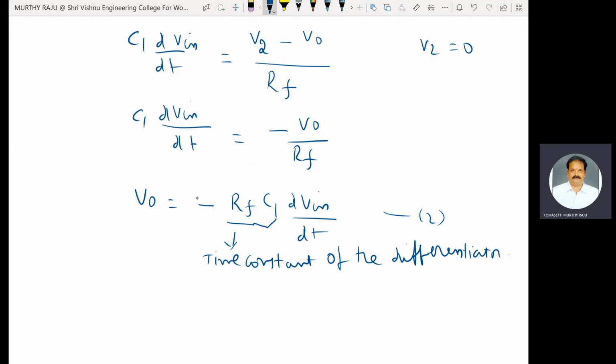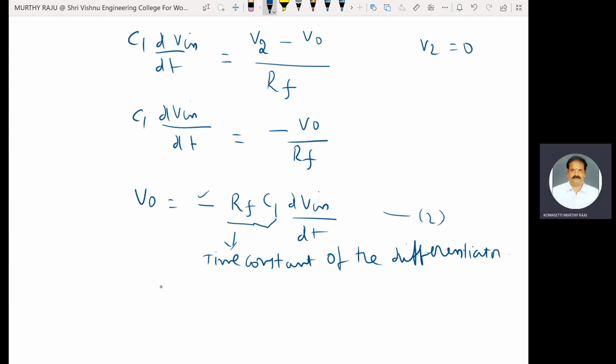The negative sign indicates that there is a phase shift of 180 degrees between input and output. The main advantage of such an active differentiator is that the same time constant is required for differentiation, meaning RF and C1.